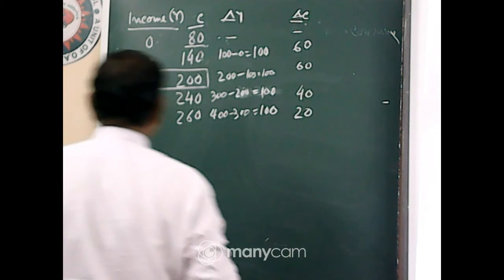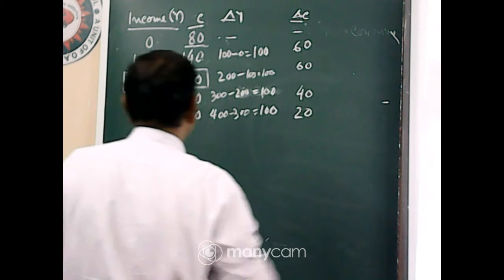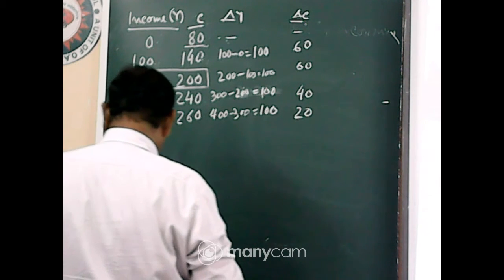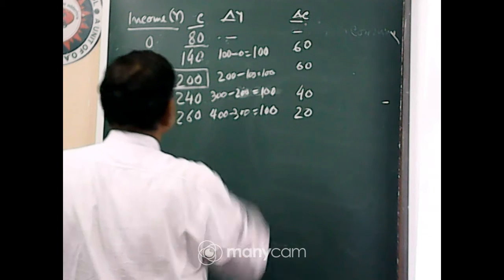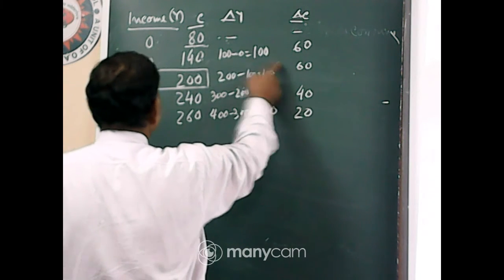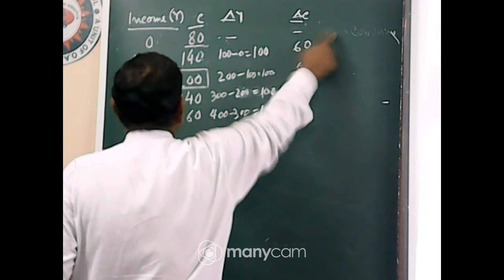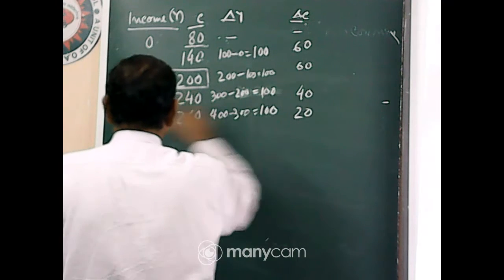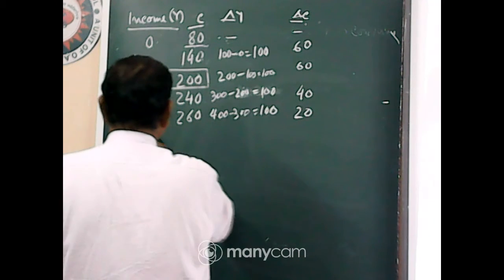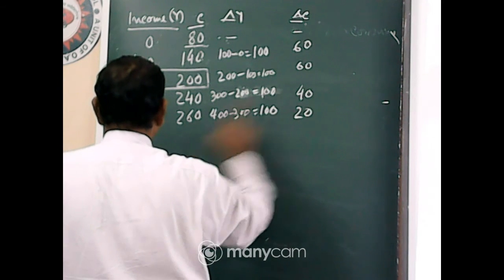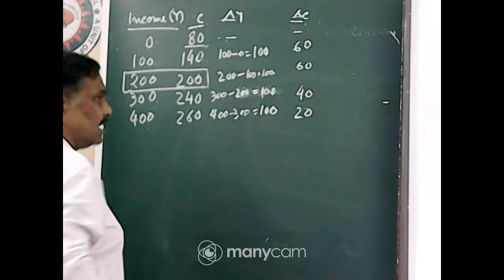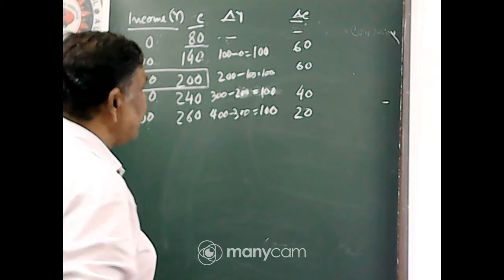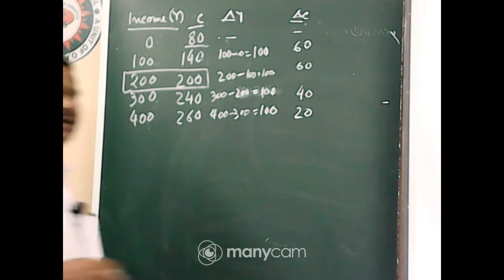And if you want to calculate delta S, that is after consumption, what is remained? 0 minus 80, minus 80. 100 minus 140, minus 40. 200 minus 200, 0. 300 minus 240, 60. 400 minus 260 is equal to 140. Right? This is S, delta S. So it is the method of calculation of delta C, delta Y, and in the same way delta S.